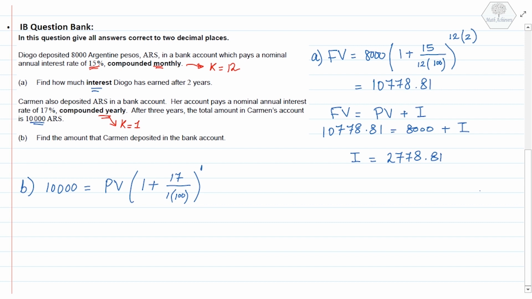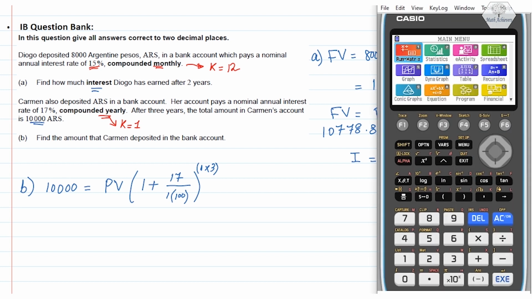K is 1 and n is 3. Now I have one unknown. I can simply use the solver on my graphical display calculator to find the present value.